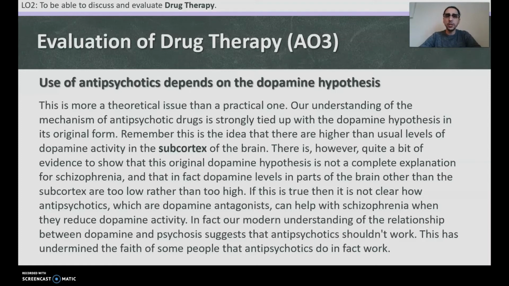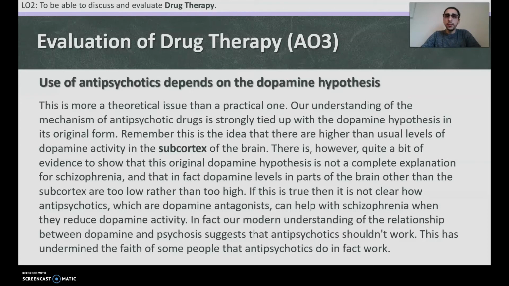quite a bit of evidence to show that this original dopamine hypothesis is not a complete explanation for schizophrenia, and that in fact dopamine levels in parts of the brain other than the subcortex are too low rather than too high.